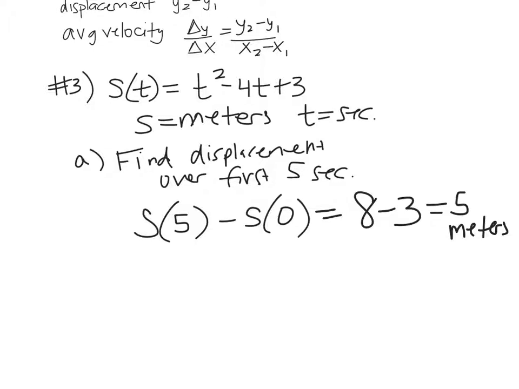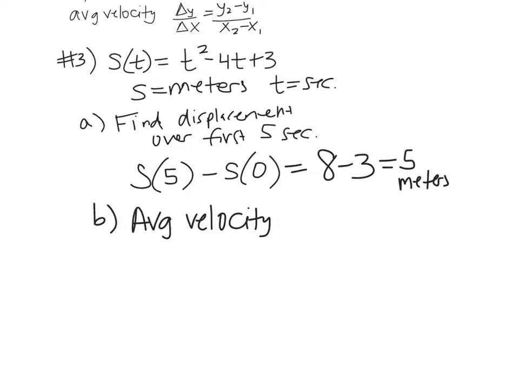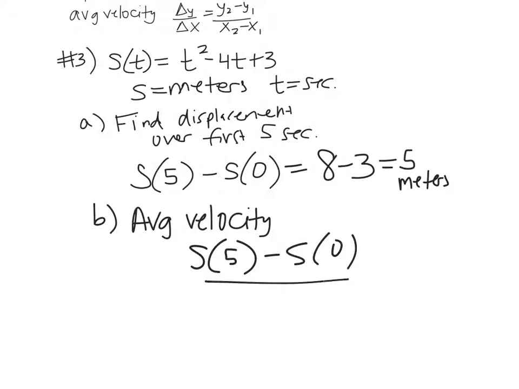Now, letter B. Here's the follow-up question. Find the average velocity. If you've gone 5 meters in 5 seconds, what's your average velocity? 1, yeah. For average velocity, you're doing s of 5 minus s of 0 over 5 minus 0.